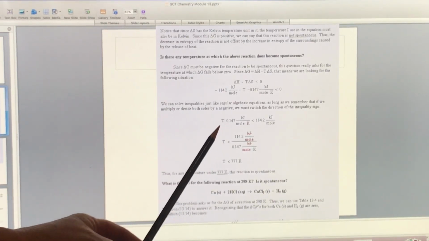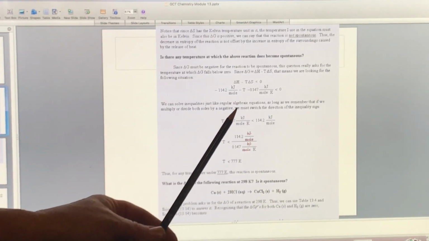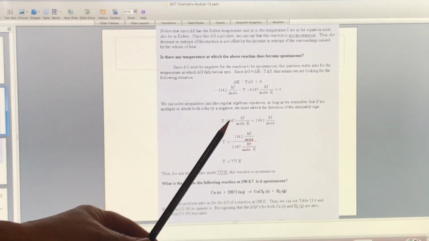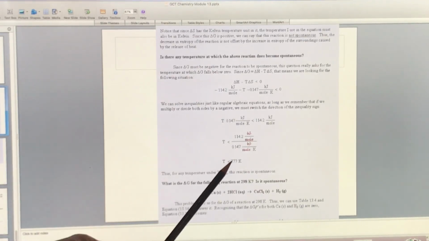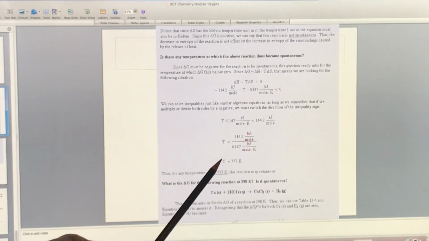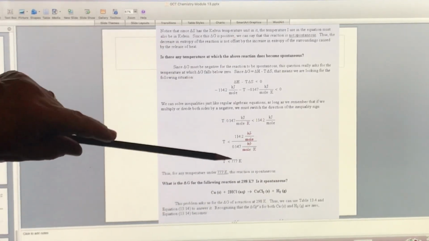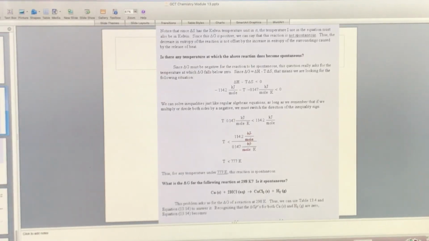Now we need to get the T alone, so we'll divide by this number here, which is what you have here. You have this over that, and the T ends up being, T is less than 777 Kelvin. So you're basically just solving for that variable T.